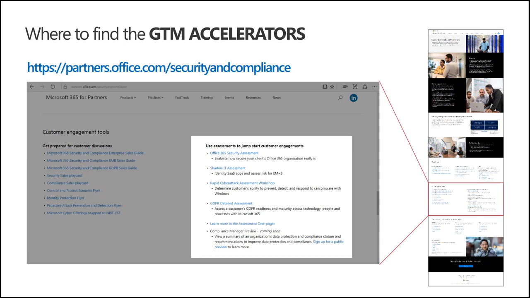Each one corresponds to a series of information that you can download that includes everything from deployment methodology, sample statements of work, and sample deployment documents, as well as resulting documentation that you can use to put together summaries. So each one of these links, from the 365 assessment to Shadow IT and GDPR, is there.